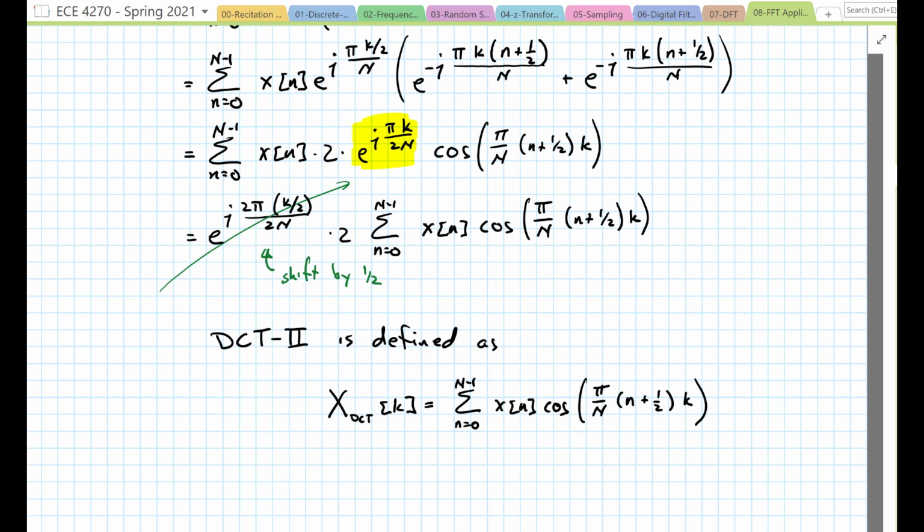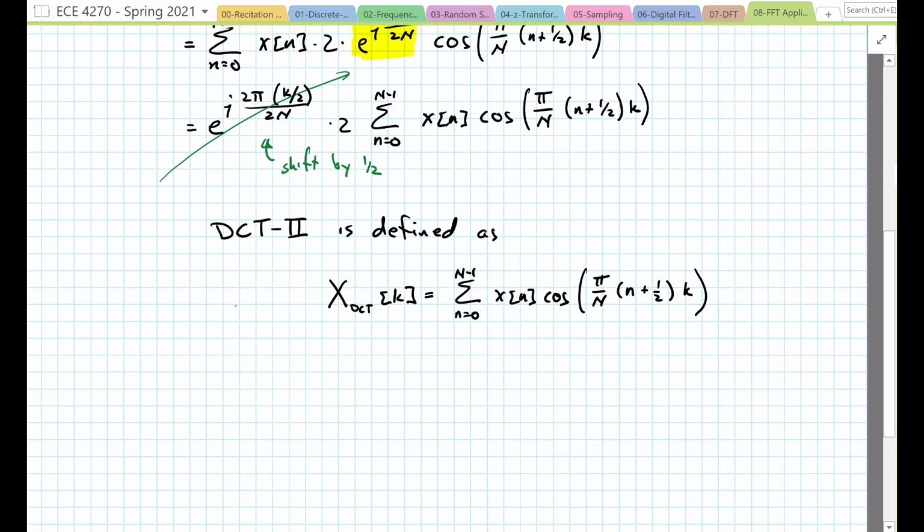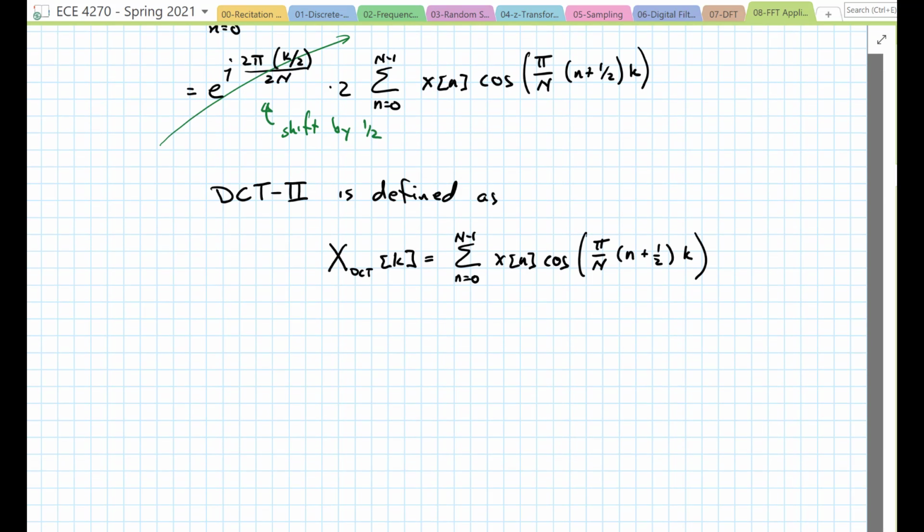Now, as I mentioned, there are different definitions of the DCT. This is the most common one, and when someone says the DCT, this is typically what they mean.